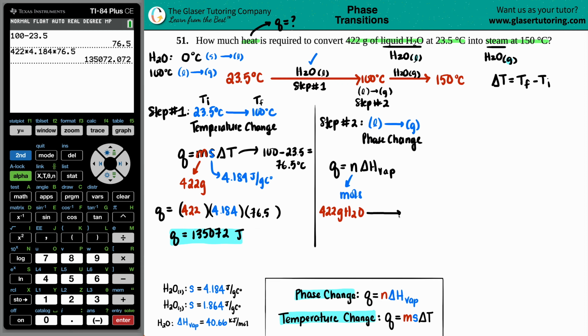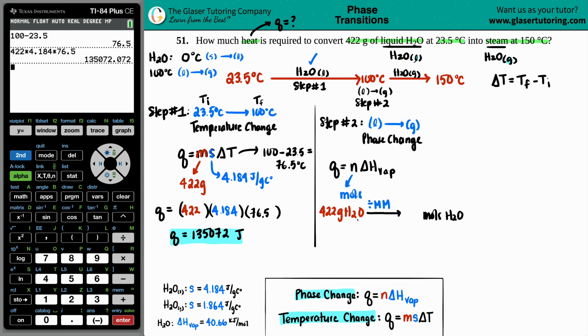Now, we're way past dimensional analysis, right? We can easily know the tricks. But if you want to do dimensional analysis, you always can. But just know that from grams to moles of the same substance, which is water in this case, all you have to do is just divide by the molar mass, which I'll call MM. So we just have to look on the periodic table just to see what H2O is.